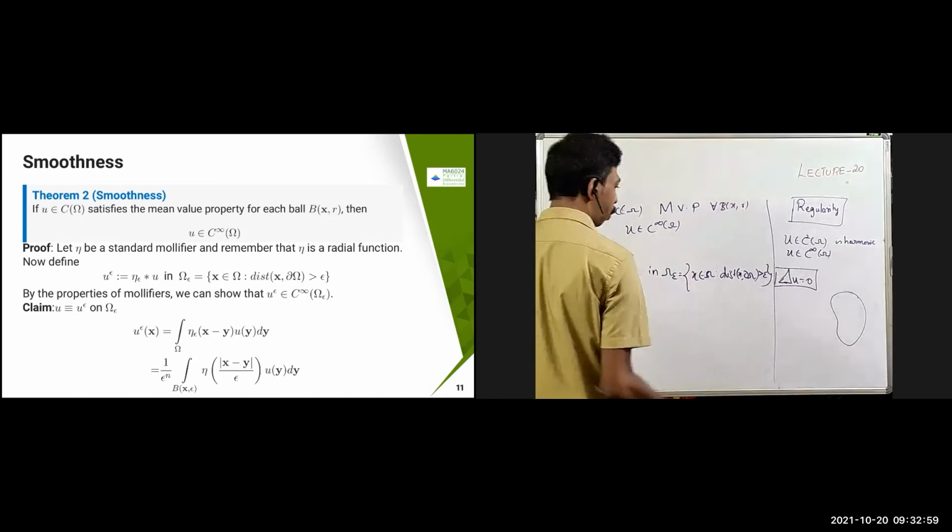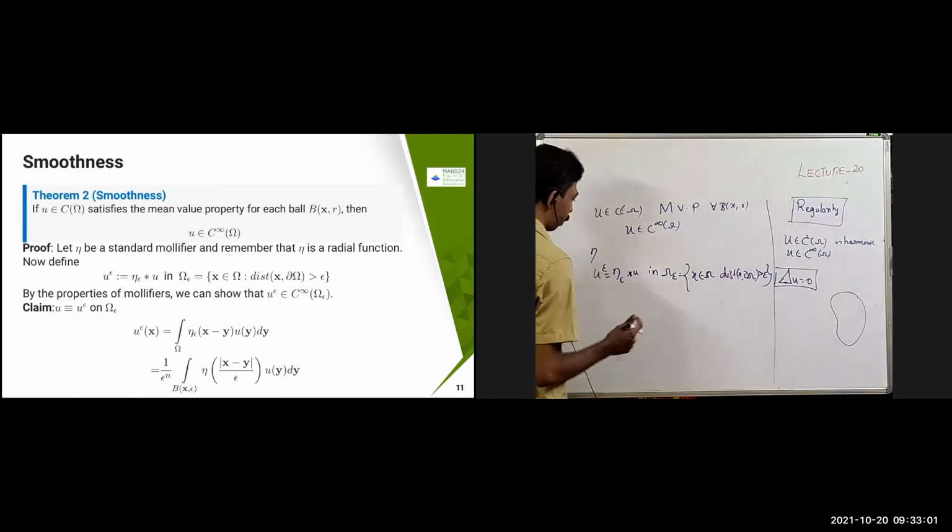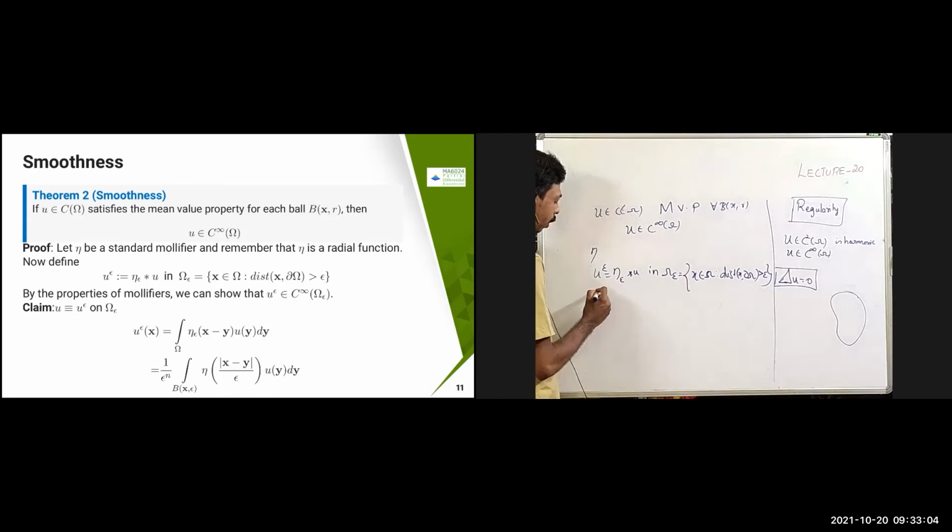As we have proved in the last theorem on the properties of mollifiers, you can prove that u epsilon belongs to C infinity of omega epsilon.